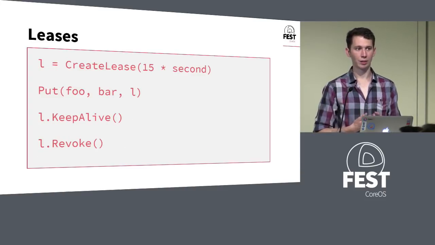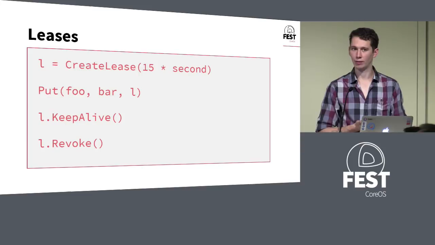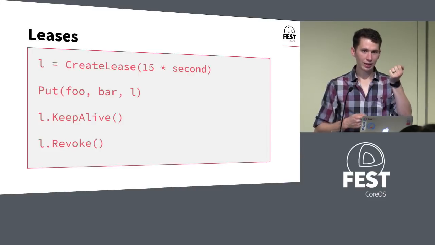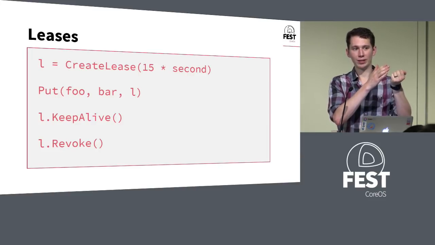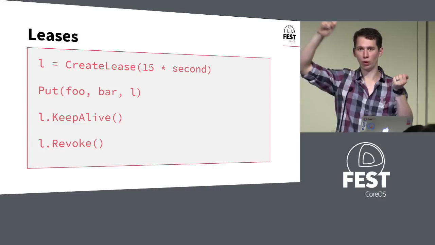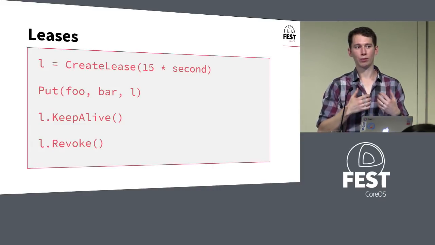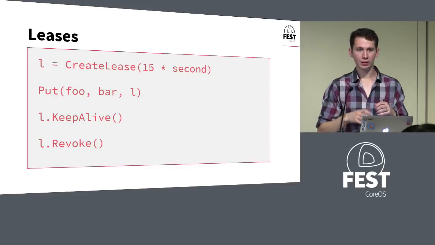We've replaced the concept of TTLs, if you're familiar with that, inside of etcd with the idea of a lease. The difference between a TTL and a lease is that a TTL means that this key is only going to live for, say, 15 seconds, and that's tied to real wall clock time. With a lease, the lease exists for 15 seconds, but if a leader election happens, the lease is renewed.